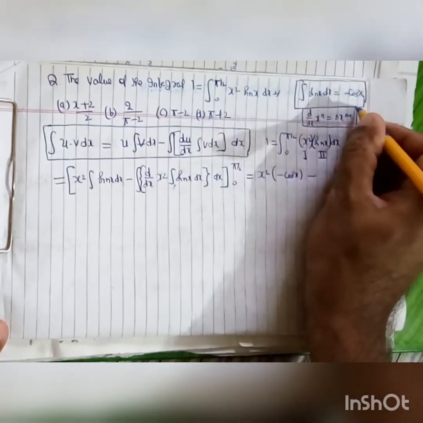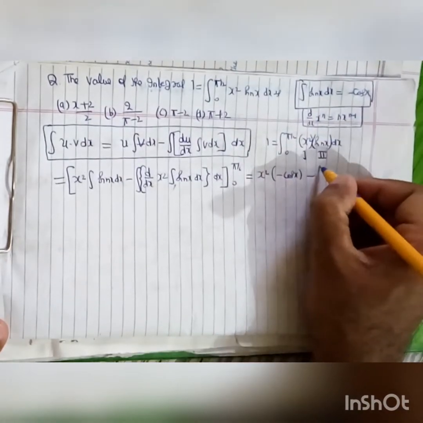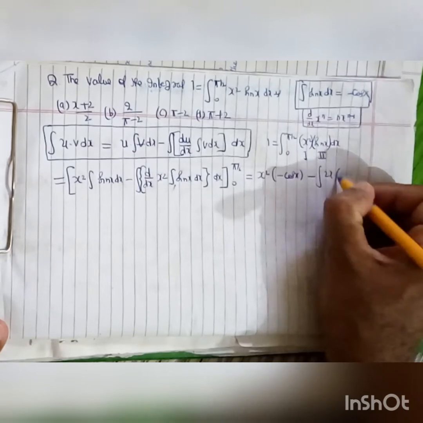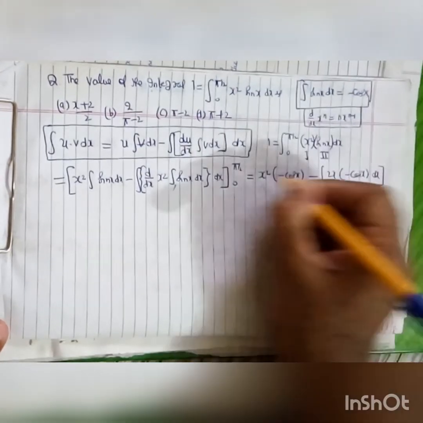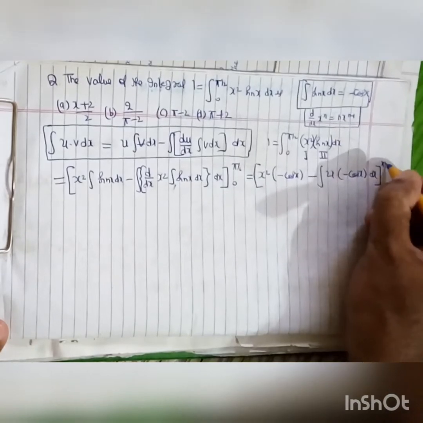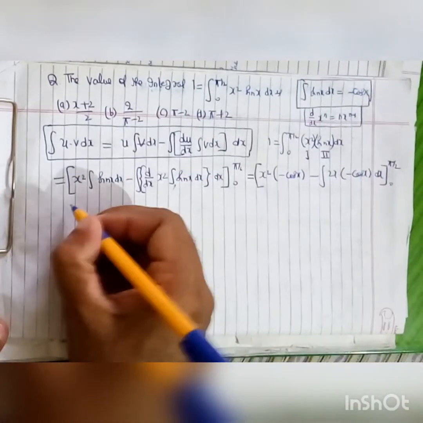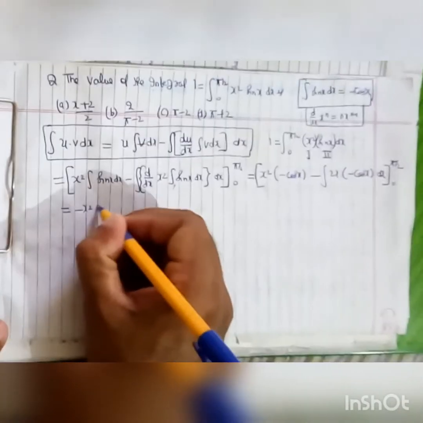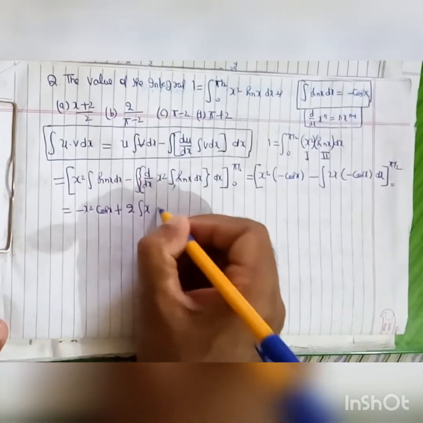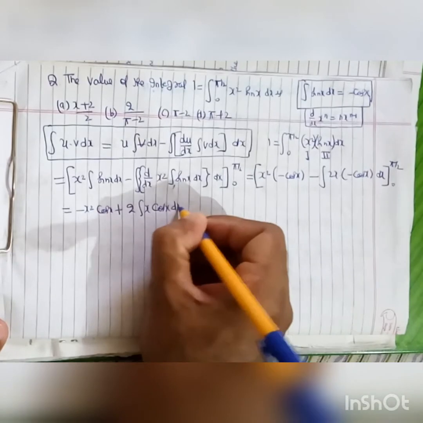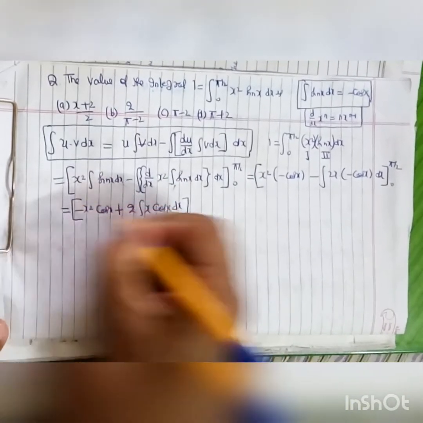So we will use this formula. It will be 2x multiplied by minus cos x, integral limit pi by 2 to 0. So it will be minus x square cos x plus the integral of 2x cos x dx, limit pi by 2 to 0.